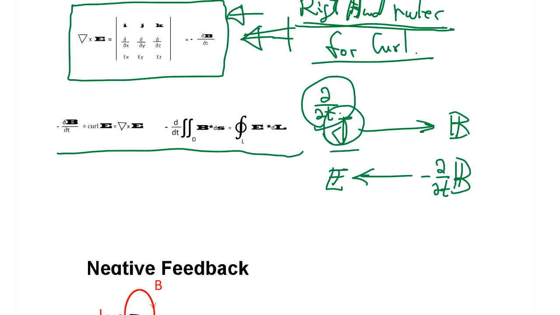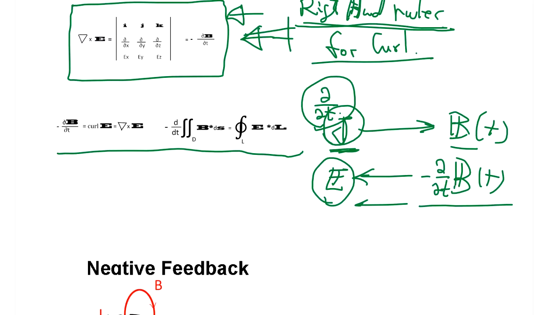If J is a time function, B is a time function, then this time function's derivative is going to produce E. So the voltage generated by J's time function is going to be some kind of derivative.